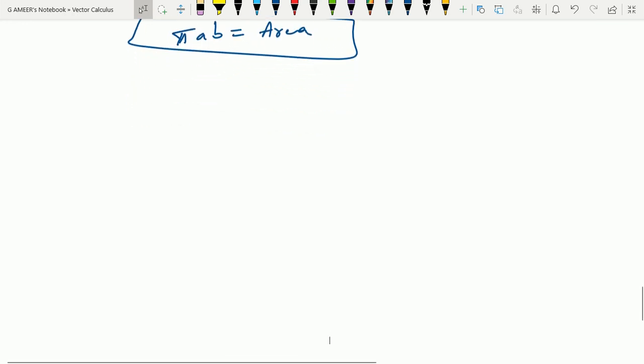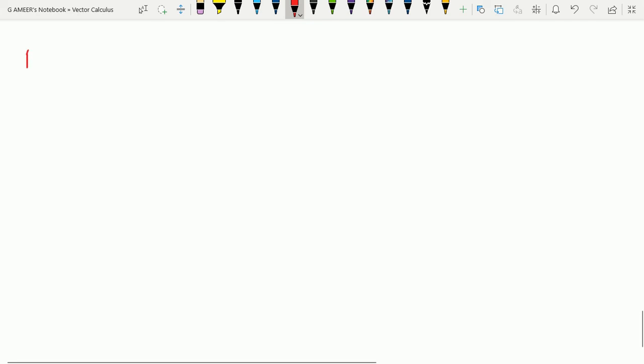So let us take the next example, which verifies Green's theorem. The problem will be like this.